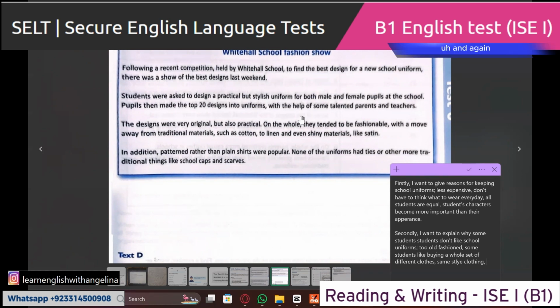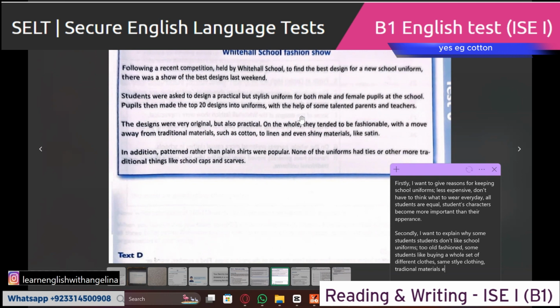And they can... Yes, they want to move away from traditional materials. You can write that, move away from traditional materials. That's why they don't like it, right? You can just write in here that they don't like traditional materials such as cotton.